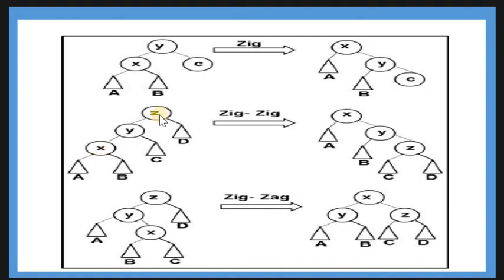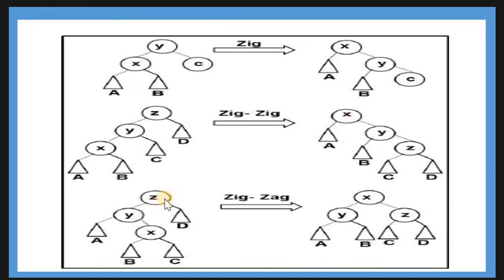So here you are performing double right rotation, ZigZig rotation or ZigZig splaying. So here X is moving up as the root node. Our main aim is to move the recently accessed node to the root node. Accordingly, you have to choose the splaying technique.